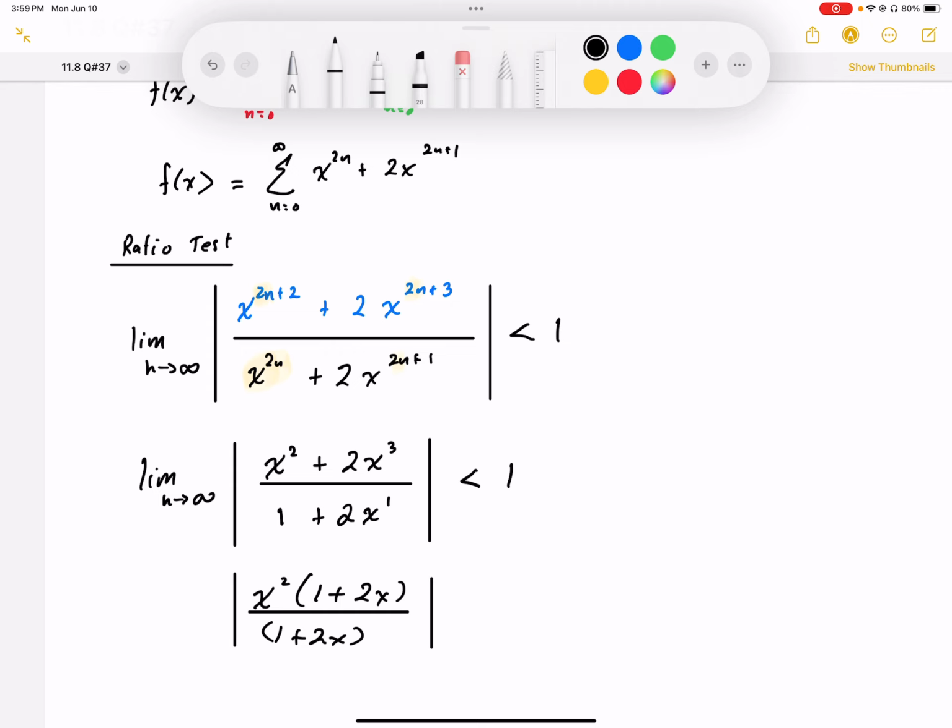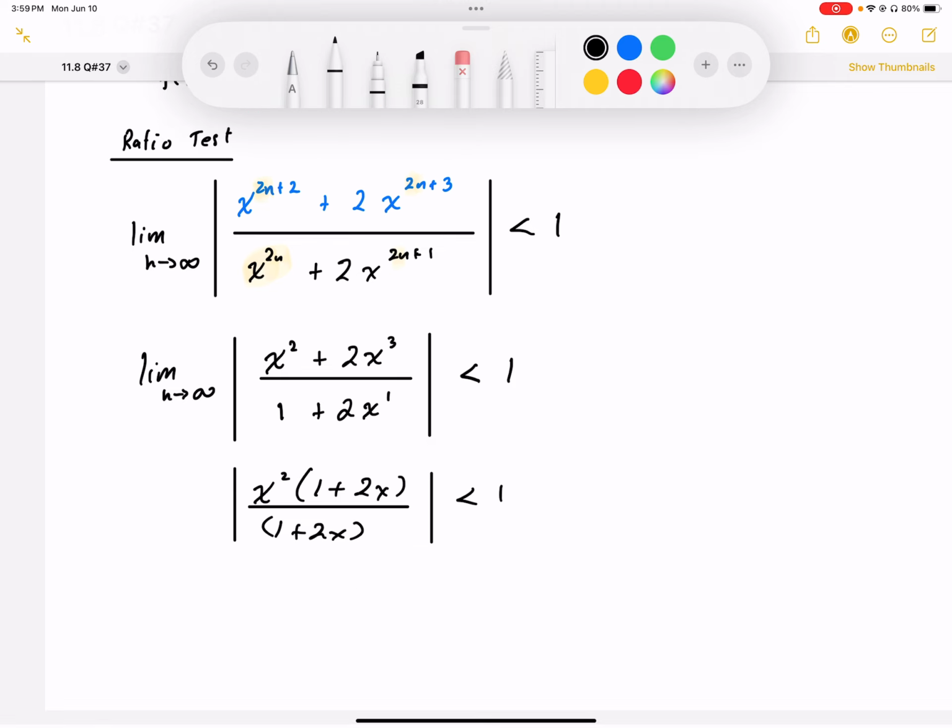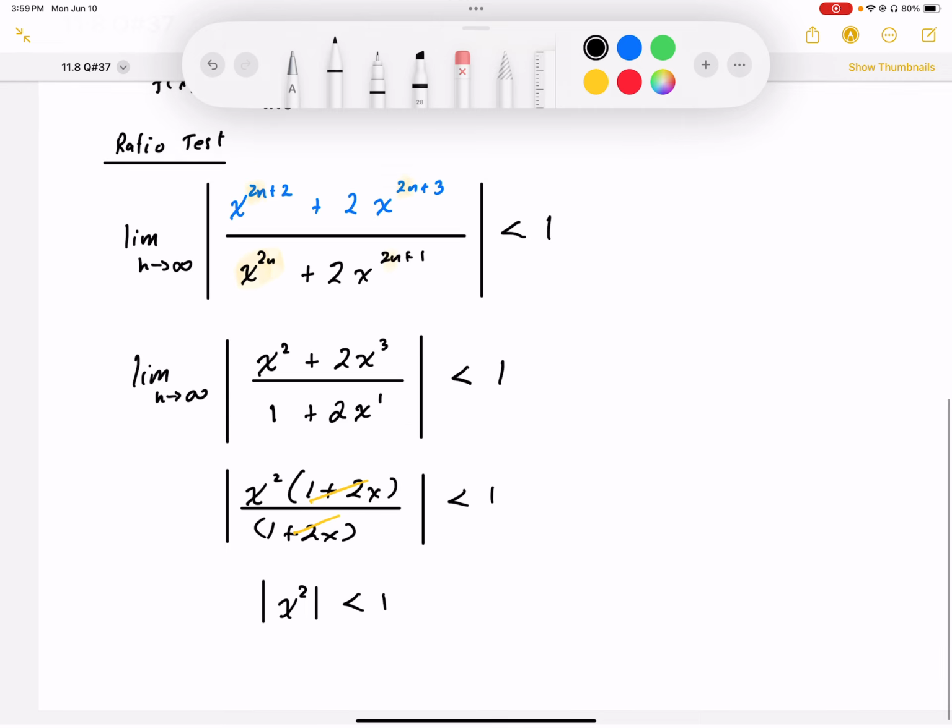I'm just going to drop my limit notation because I no longer have any n's in there. And I can work out my radius of convergence. I get x squared is less than 1, so my radius of convergence is 1. And my interval of convergence, when I solve all that, becomes from -1 to 1.